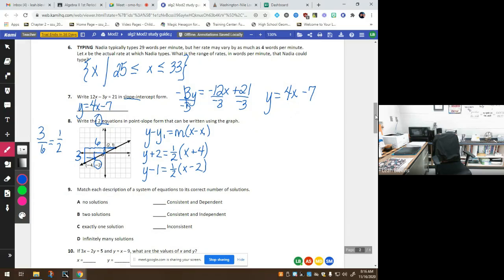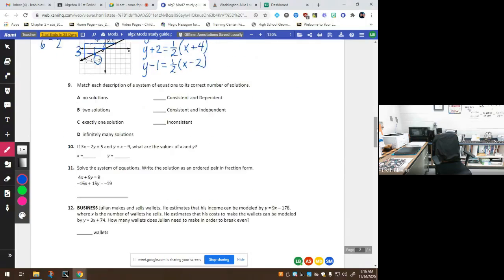All right, this next one is basically either you know it or you don't. Memorization at this point. If two equations are consistent and dependent, that means there are infinitely many solutions, right? Because it depends on which point we're looking at, which solution we have.